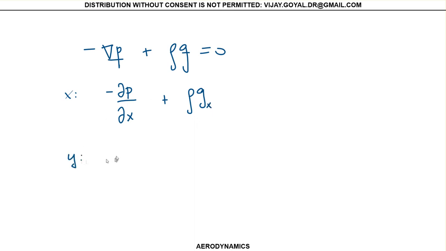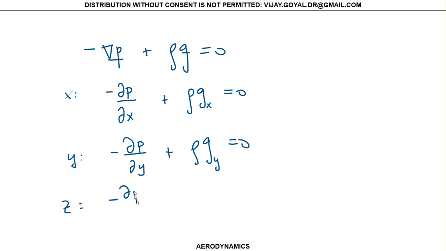And in the y direction is minus partial of p with respect to y plus rho g in the y direction, equal to 0.